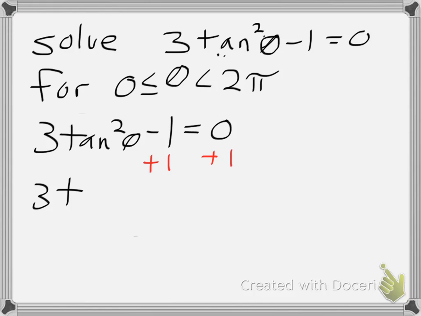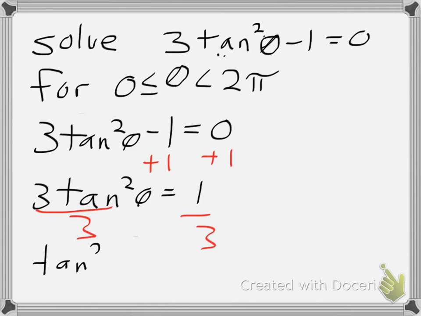So now 3 tangent squared of theta equals 1. Next I'll divide each side by 3. Now I have tangent squared theta equals 1/3, and I'll take the square root of each side.